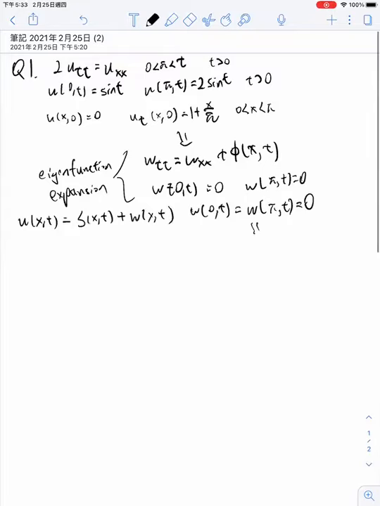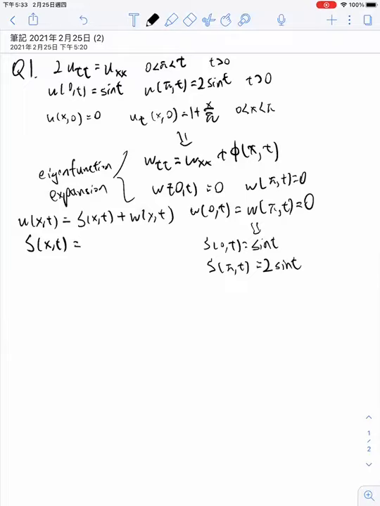So that means S at the boundary needs to equal sine t and 2 sine t. So we let function S be equal to this.